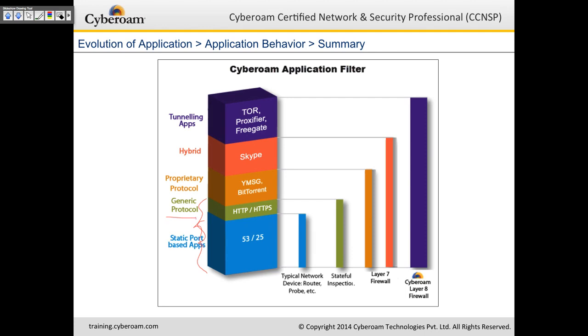Now a typical layer 7 firewall can go up to hybrid and proprietary protocol based applications as well. But if you go with Cyberoam layer 8 firewall, it can protect all kinds of applications, right from tunneling apps to hybrid to proprietary protocol, generic protocol, and standard port based applications as well.